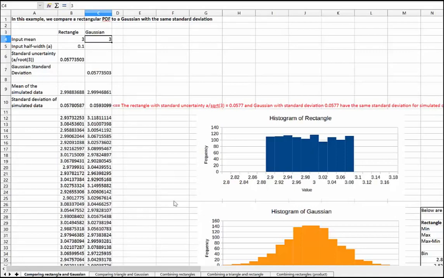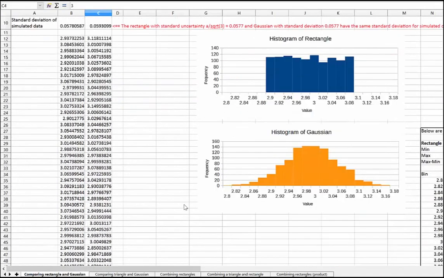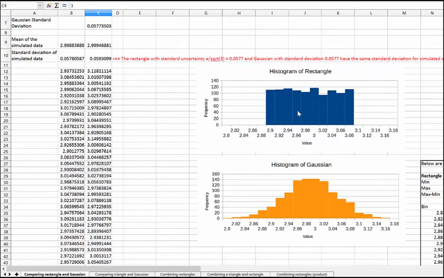So both of these have the same standard uncertainty, which is 0.057 or 8. If you compare the histogram and Gaussian using the same x bins and axis, this is what the two would look like. So this is the rectangle that would have the same standard uncertainty as the Gaussian.